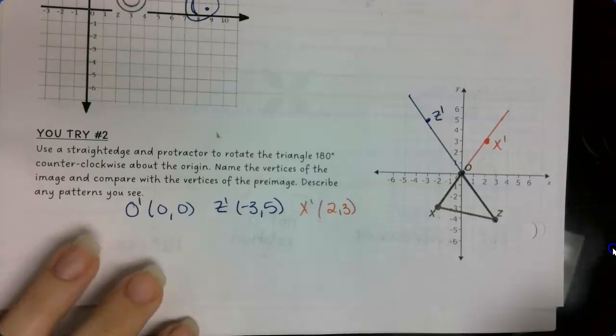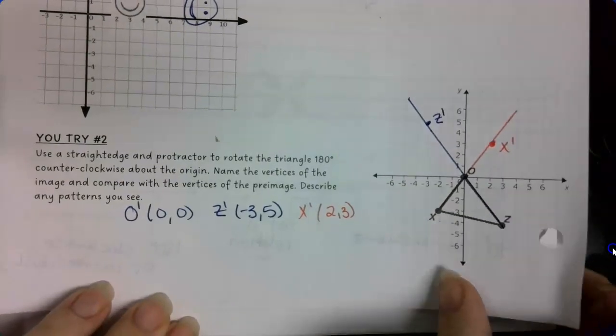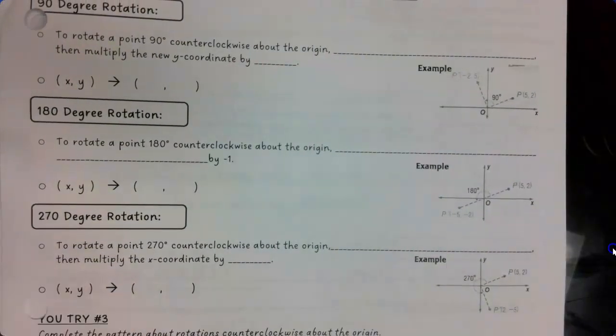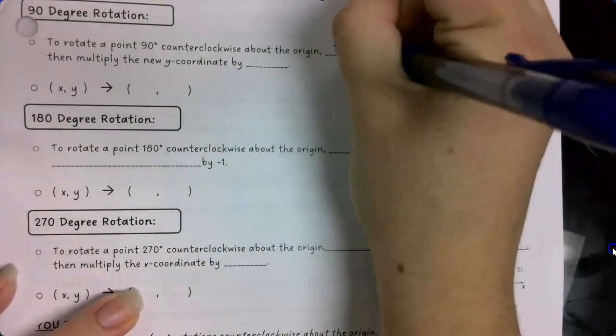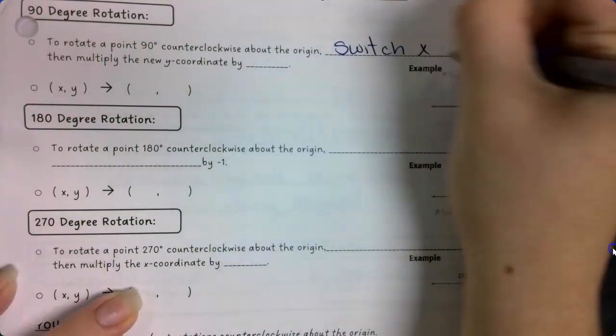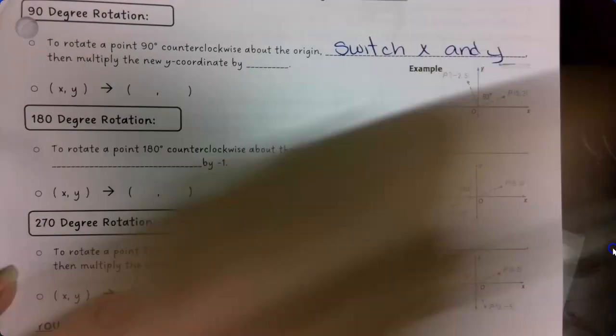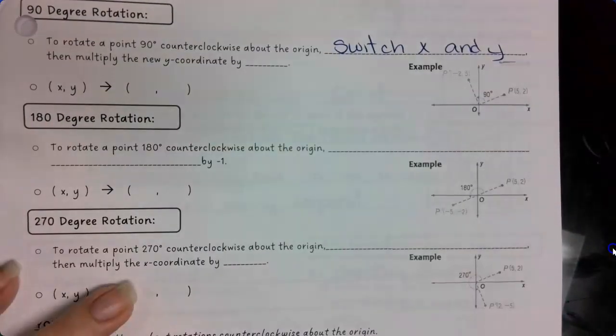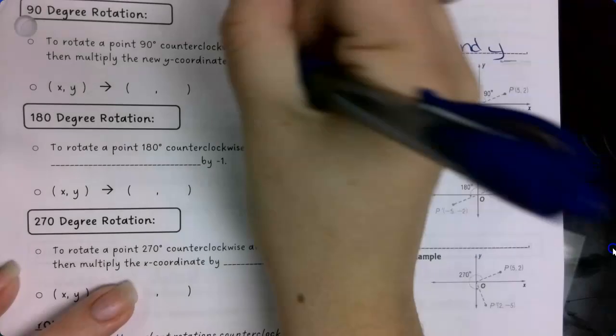Okay, so we're going to write some rules for our rotations. If I'm rotating 90 degrees counterclockwise, I want to switch my x and y, and then I want to multiply my new y coordinate by -1.